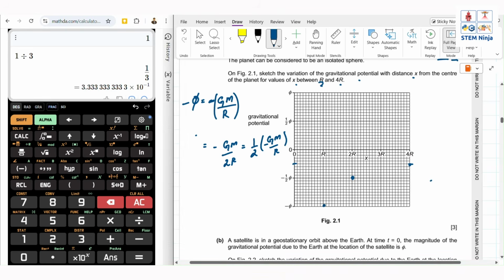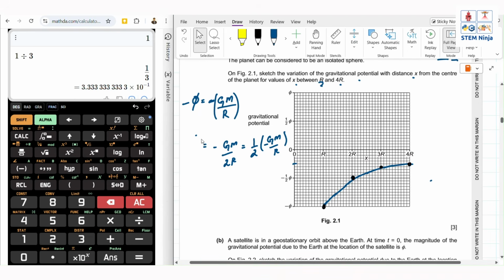So this would actually pass from like this. So notice that this is maybe somewhere going like this. So few points that are important. At R it's minus phi, at 2R it's half, at 3R 1/3, and at 4R 1/4.